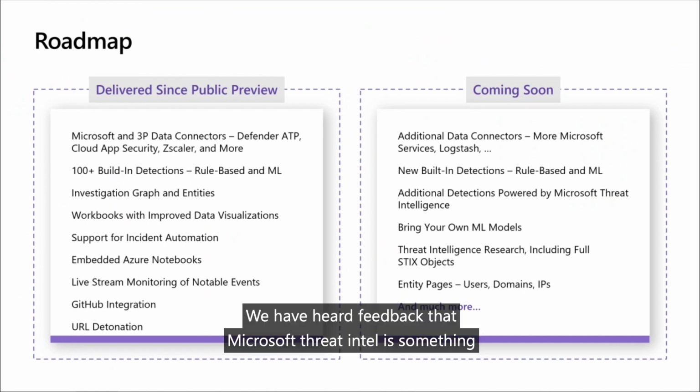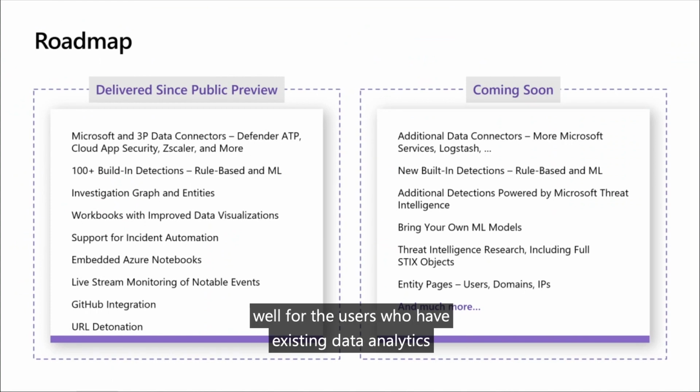We have heard feedback that Microsoft Threat Intel is something that our users are particularly keen on. And so these are definitely going to be a focus area for us going forward. Now, BYOML as well for the users who have existing data analytics projects that they want to bring into Azure Sentinel. These will also be made available soon.